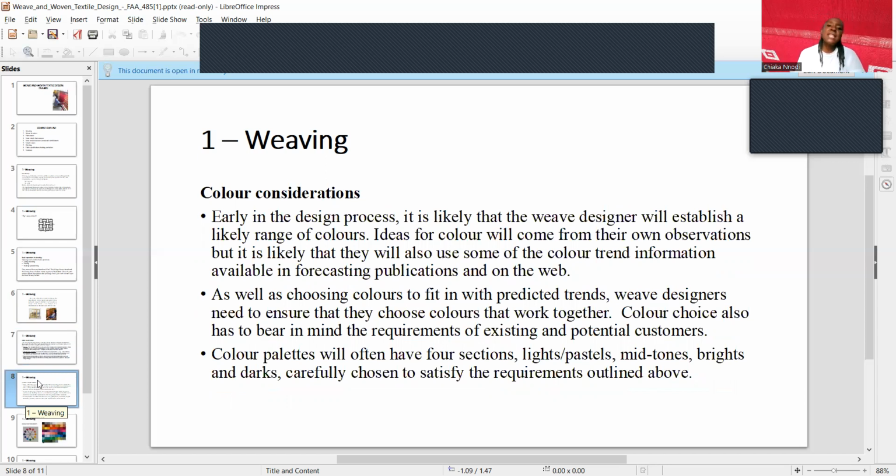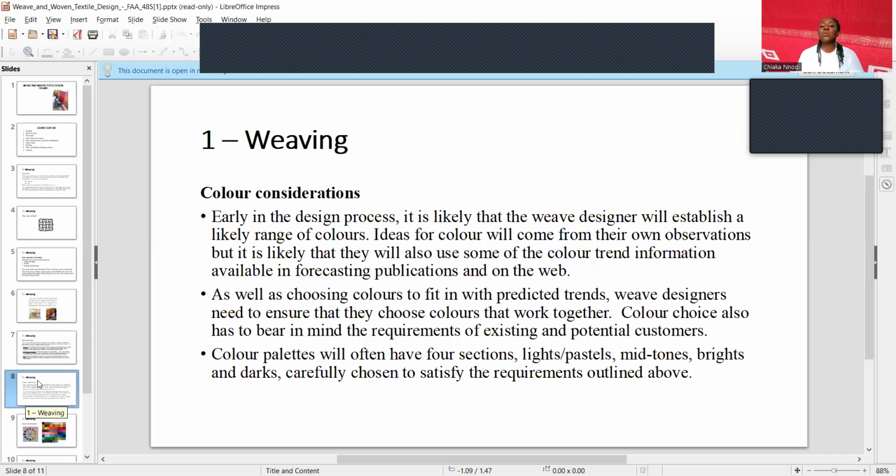As well as choosing colors to fit in with predicted trends, designers need to ensure that they choose colors that work together. Color choice also has to bear in mind the requirements of existing and potential customers. You've got to know what they want. You are making these things for them. So you have to consider their own choices too.